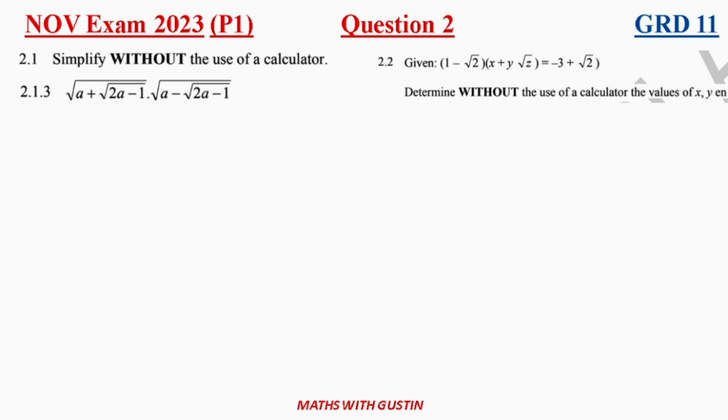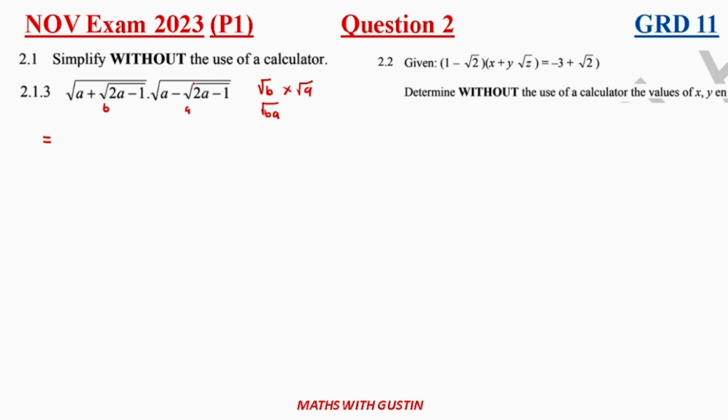All right, so what you can do here, you remember from the surds, guys, if you have got a surd of b times square root of a, you can also write it as b square root of a. So let's do that here. Let's assume that this is b and this is a. So what can we do here?